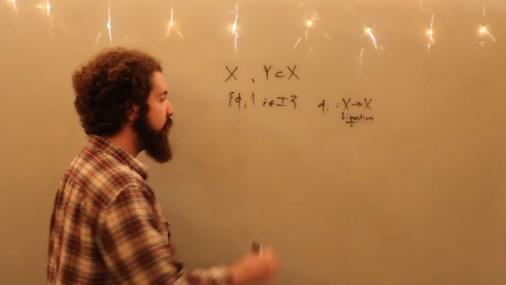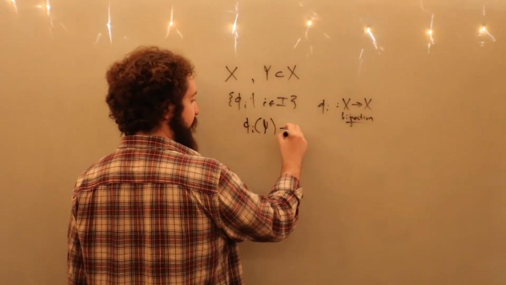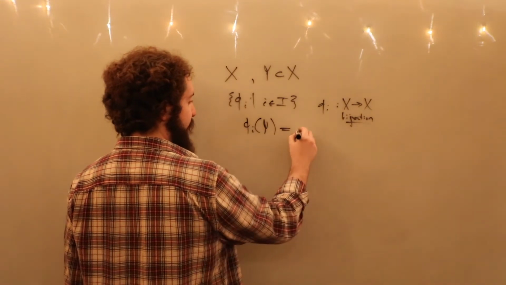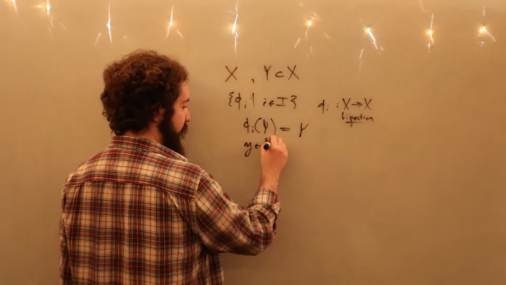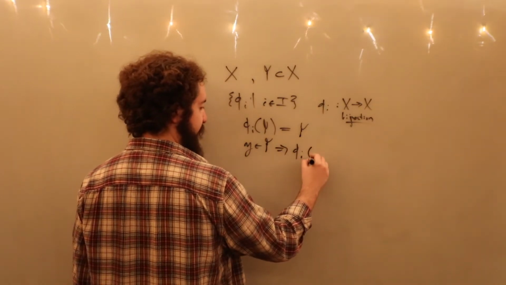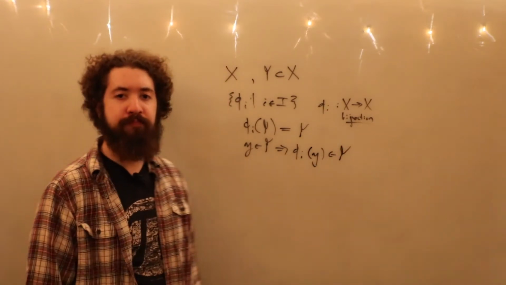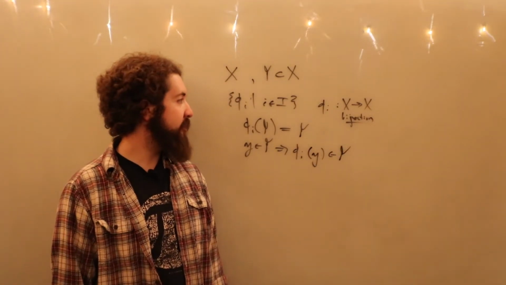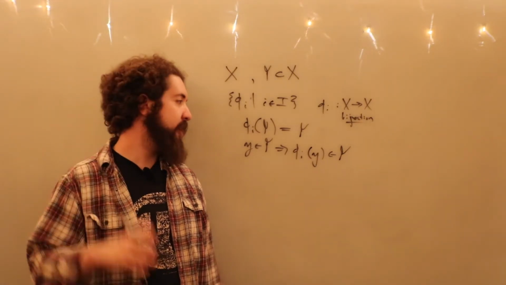And now we're going to require that for each of these bijections, phi sub I of Y is equal to Y. In other words, if you have some element in Y, it is going to get mapped under every one of these bijections to another element in capital Y. So it is a bijection from X to itself, essentially preserving Y.